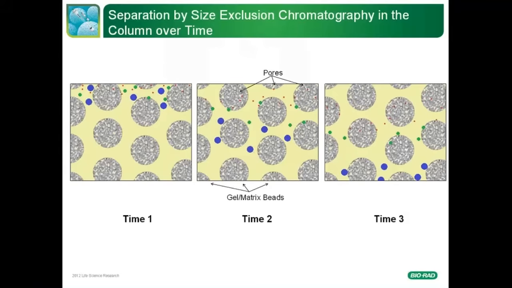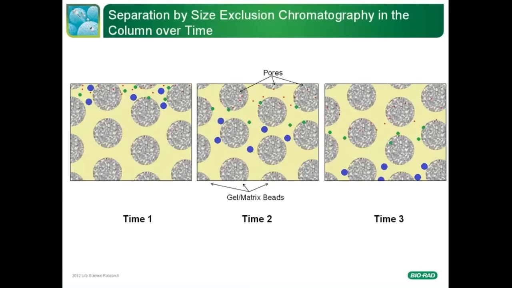You go to time 2, sometime later, as the biomolecules are moving through the column. You can see that there's starting to be separation, with the blue molecules, which never enter into the pores, moving down the column sooner than the other smaller molecules. The other smaller molecules take longer to go through the column because, depending on their size, they can penetrate into the pores of the beads, which slows them down.